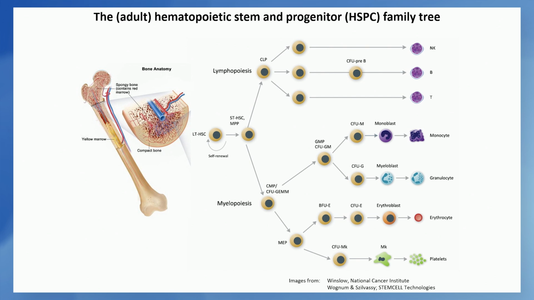And what you can see here is also the expression CFU-GEMM, for example. These are the tests you use. If you isolate a progenitor and put it in culture, those cells would form a colony, similar to if you put a bacteria in a culture dish and see a colony forming. Similar to that, we find a colony forming which contains different types of cells. If that progenitor cell only forms macrophages, for example, it would be a colony forming unit, CFU-M.